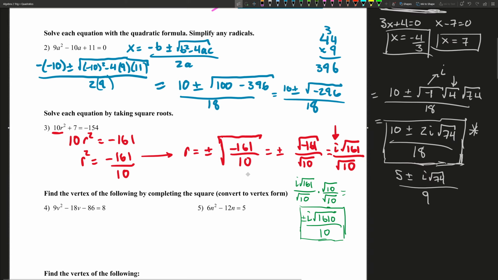Okay, I want to pause before I scroll down and show completing the square. So are there any questions over 2 or 3?